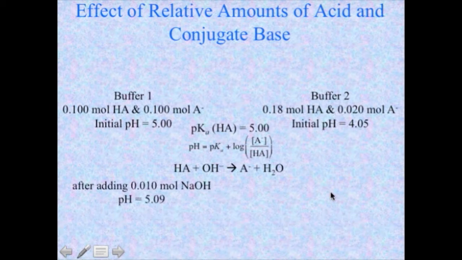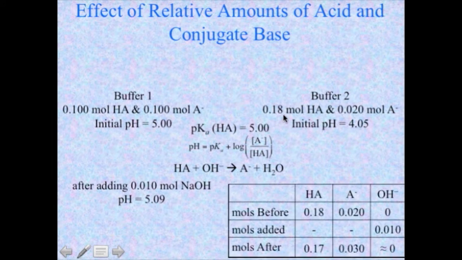Now I'm going to do exactly the same thing where we don't have a 1-to-1 ratio, where I have much more of the weak acid than conjugate base. I'm still going to add 0.01 moles of hydroxide to the system, and the weak acid drops from 0.18 to 0.17. The conjugate base grows from 0.02 to 0.03. I run that into the Henderson equation. I get a pH of 4.25.